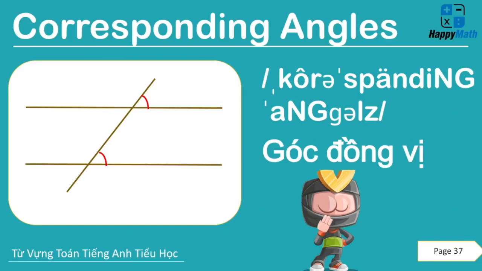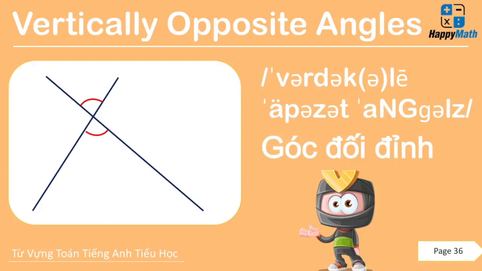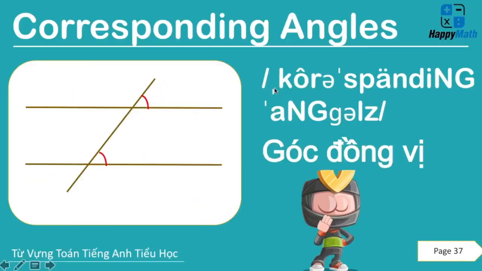Corresponding angles for parallel lines. For this equation, you call this one L1 and here is L2, and you got the cross line in this one, and you have the two angles in this position is corresponding. It is the right hand side, the same right hand side of the cross line, and this angle is above L1 and this angle is above L2.